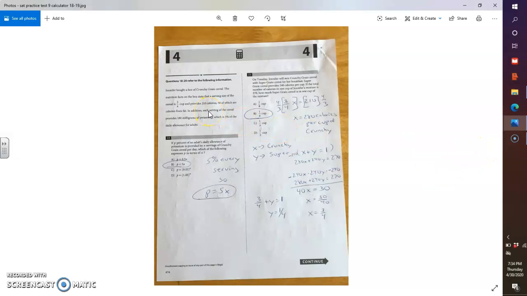Number 18, really what we need to recognize is what they're saying there. All right, if p% of an adult's daily allowance of potassium is provided by x servings, whatever percentage that is, we get every serving. So depending on how many servings there are, if I multiply that, I should get my percent.